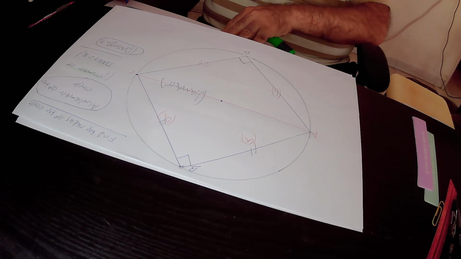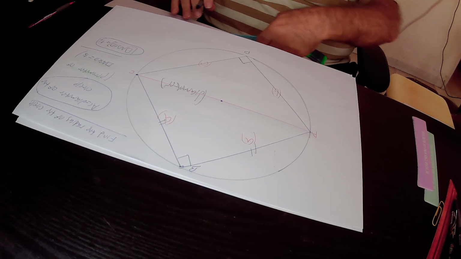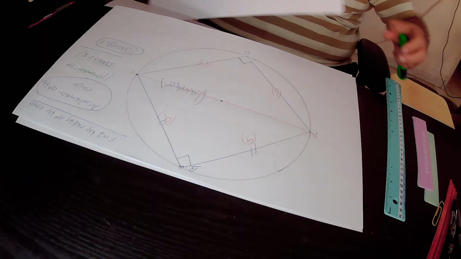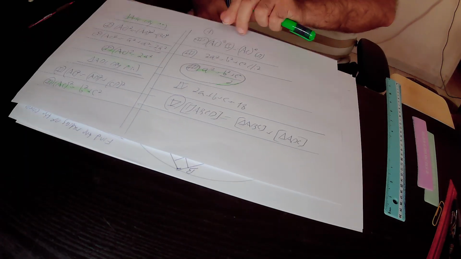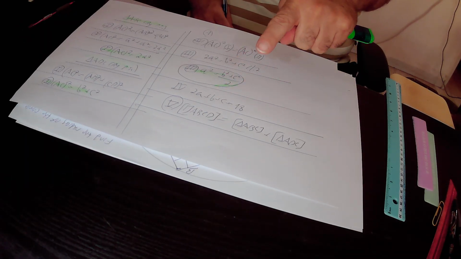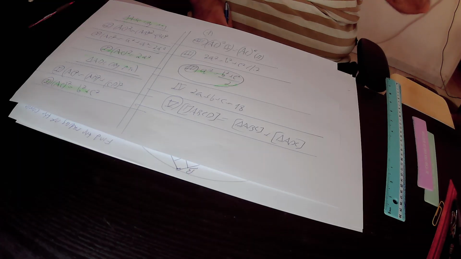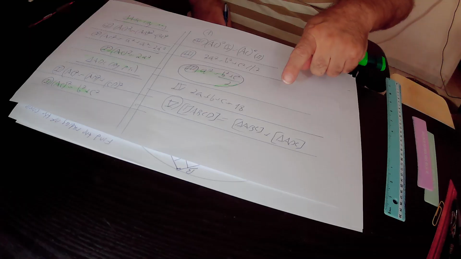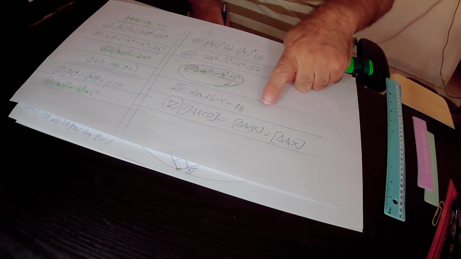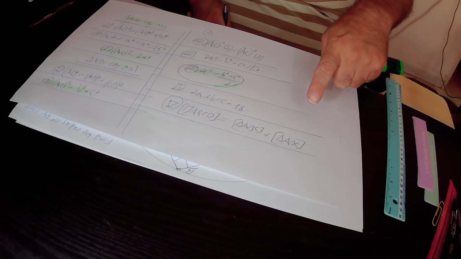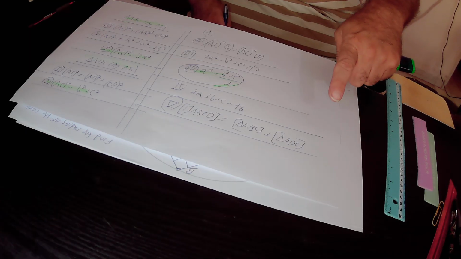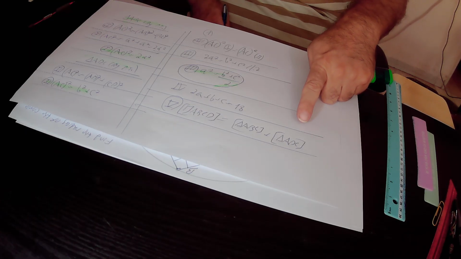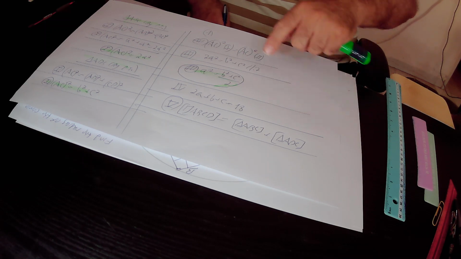And again, we have here equation 5 that says the area of quadrilateral ABCD must be equal to the sum of the areas of the two shapes that it consists of. That is to say, it must be equal to the area of the triangle ABC plus the area of the triangle ADC.